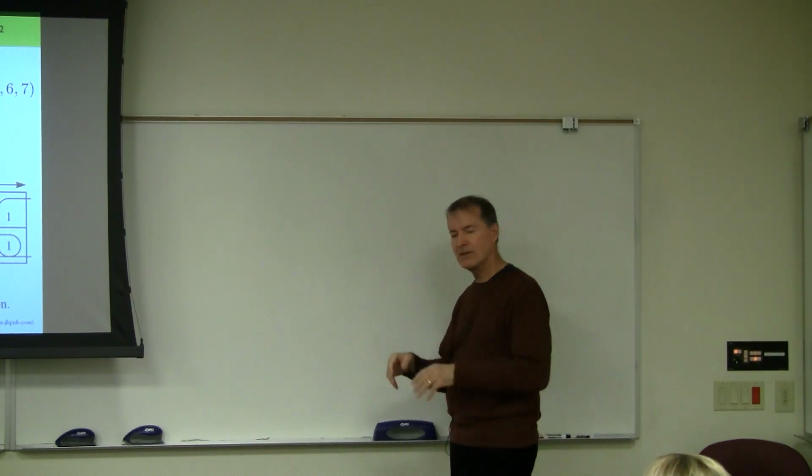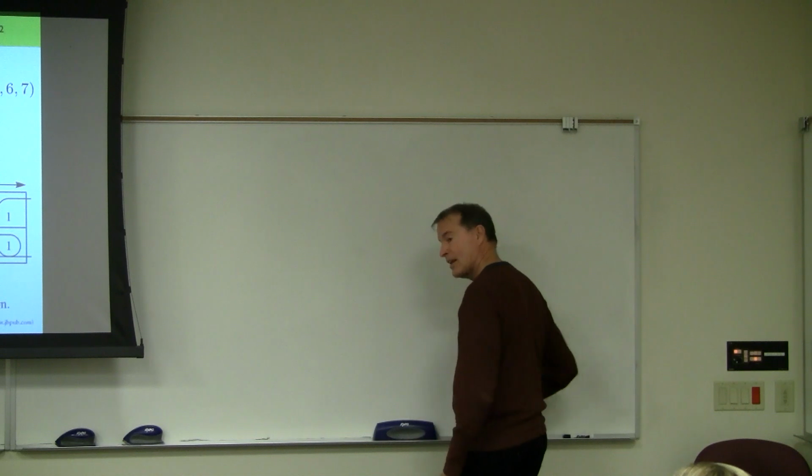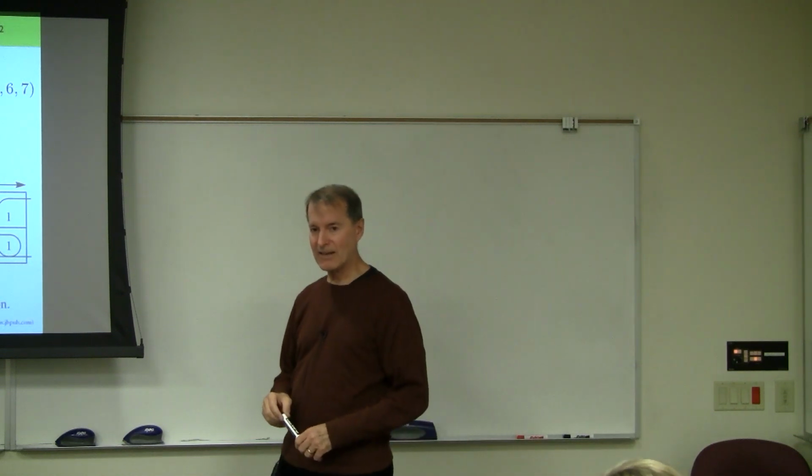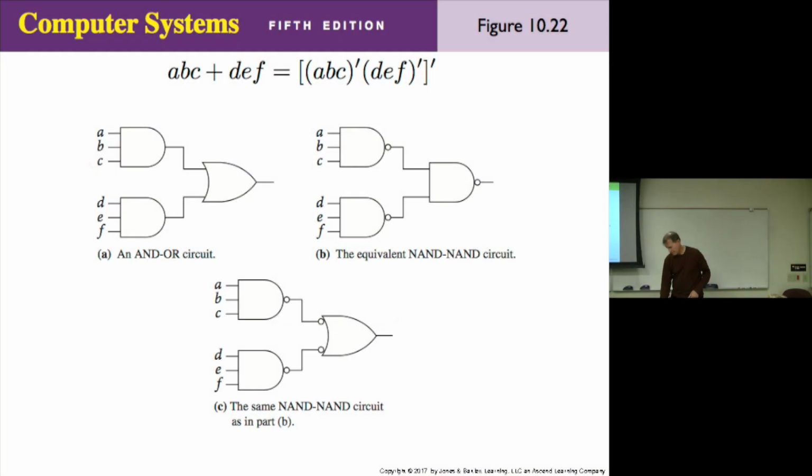They make everything, look, we're going to end on this. I don't think I emphasized this very well last time. Let's go back to figure 10.22. And in 10.22b, what we know is that every combinational circuit can be reduced down to a two-level and/or.